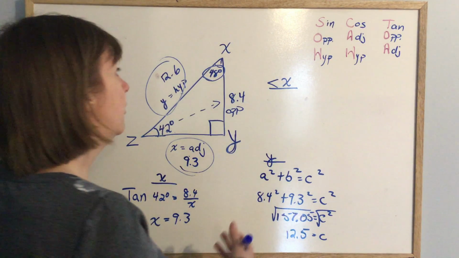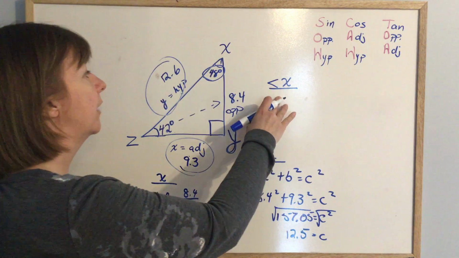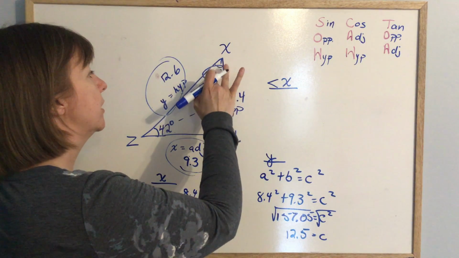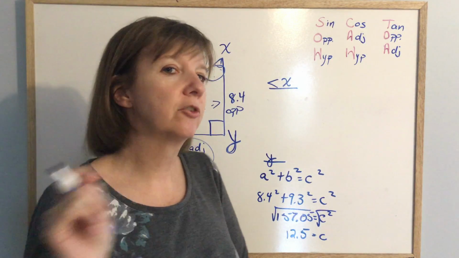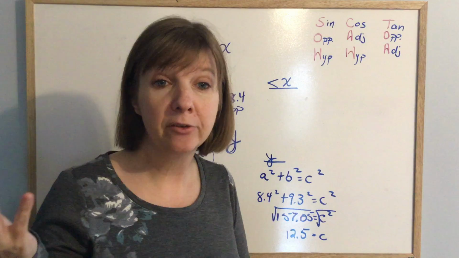All right, so now we need to figure out angle X because in theory we don't know that. Say I forgot that all angles in a triangle add up to 180. I need a different way to figure it out.